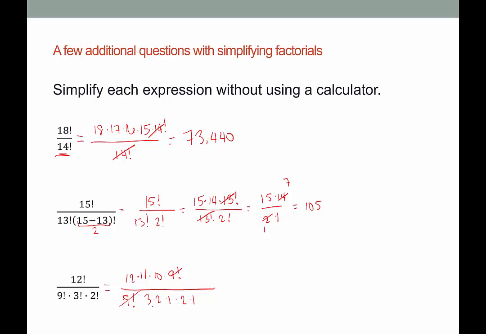So now I have a factor of 3, a factor of 2, I don't really care about the ones, and another factor of 2. Well, 3 times 2 times 2 is 12. So I'm going to just cross out the 12 with it, because those will all cancel. You can do it in 3 steps if you like, that's fine. But what we're left with is 11 times 10, giving us 110.